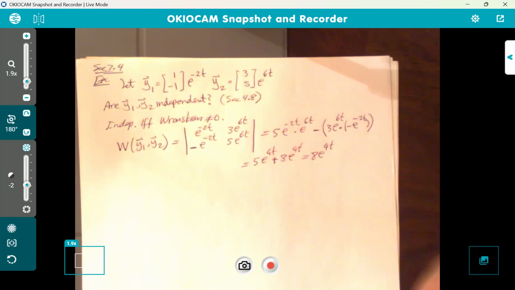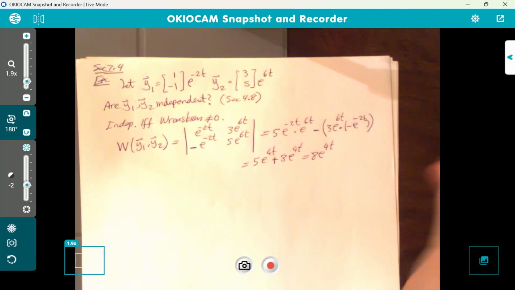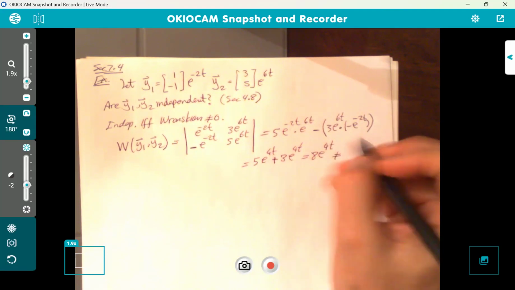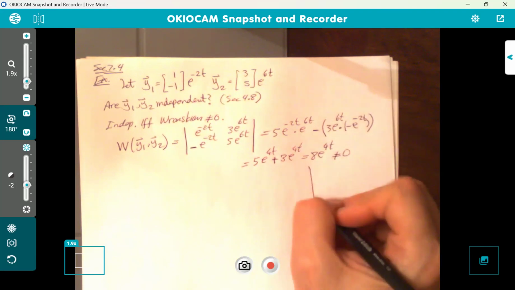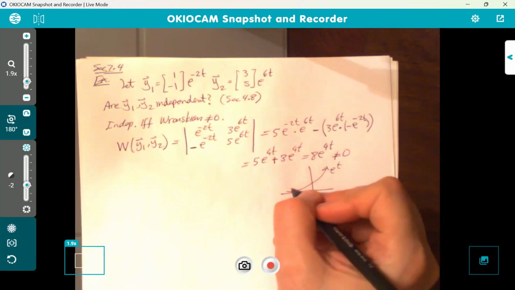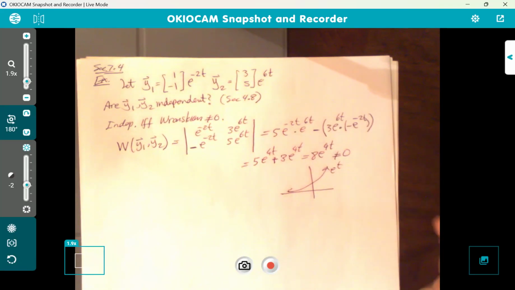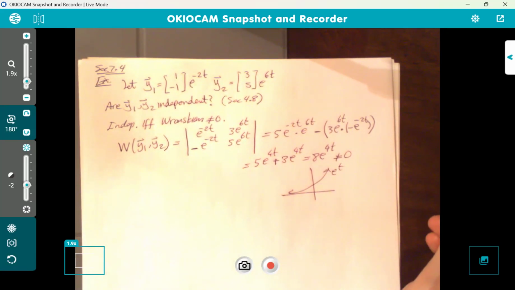And e to any power of t is not zero, because remember, e to t, that function is never zero. Remember the graph of e to t looks like this. So the exponential function is never zero. Therefore, the Wronskian is not zero.